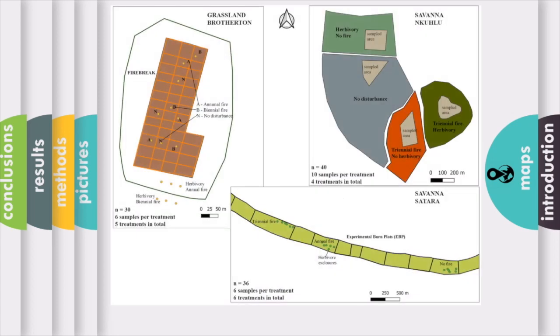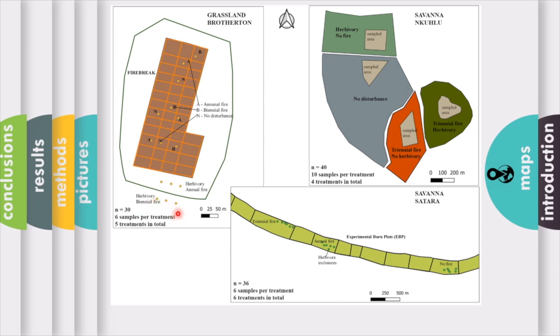This is how the sites are laid out on the ground. For example, in Brotherton, this area here is the boundary of the fire trial, and then we have a fire break outside that area, and also the rest of the park. So these different areas gave us our different treatments.